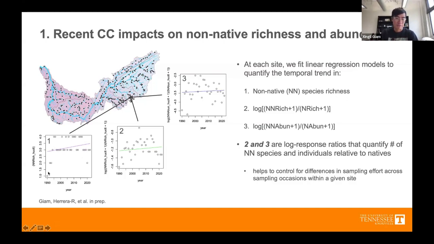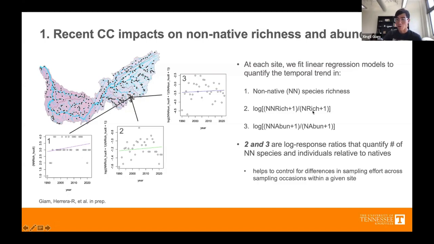So for instance, the first diagram exemplifies this, where the y-axis is just the number of non-native species for each sampling year. And then the second one is the log response ratio of non-native richness to native richness. So it tells us the dominance of non-native species: how many non-native species there are in relation to native richness.